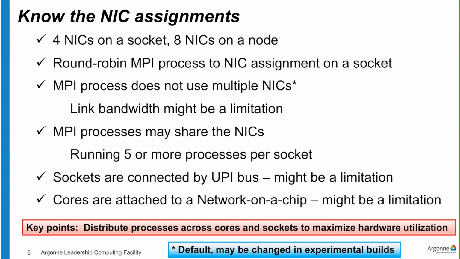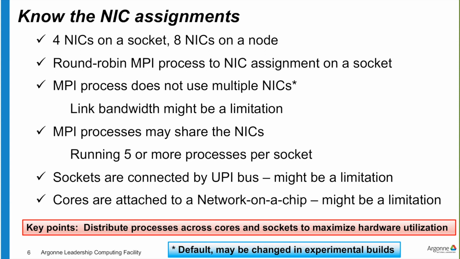Obviously, MPI processes can share the NICs. For example, if you run more than 4 MPI processes per socket, then some NICs will be shared. That's why it is important to remember that NICs are assigned to the sockets, not to the node. Even though you might have 8 NICs on a node, if you place all 8 MPI processes on a single socket, they will only be using 4 NICs.